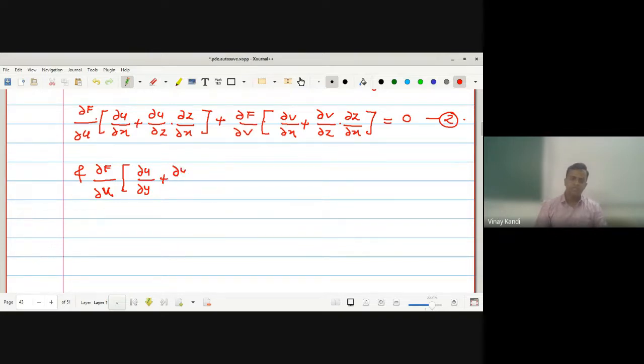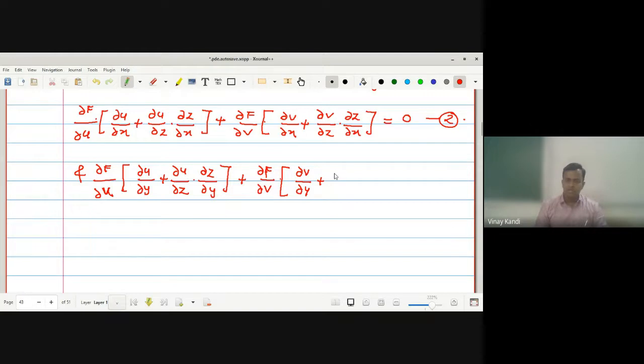Again, u is the function of z, then z is the function of y. Plus then again f is the function of v, into now v is the function of y. No need to write v as a function of x here, we are differentiating with respect to y.